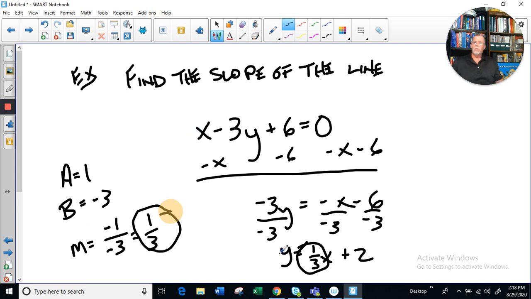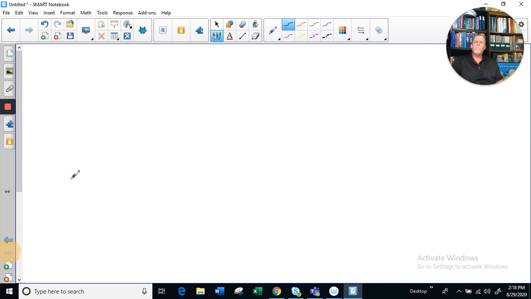All right. So let's see why I bring that up. Because what we're really talking about, if you remember in the beginning, I said our objective was to write the equations for lines that are parallel and perpendicular to another line. So let's look at what that could look like. We may be asked something like this.